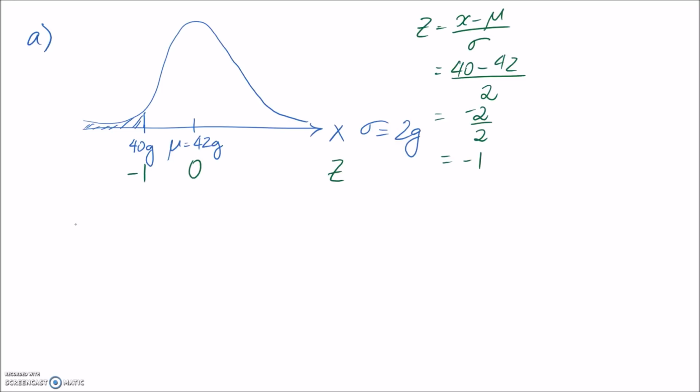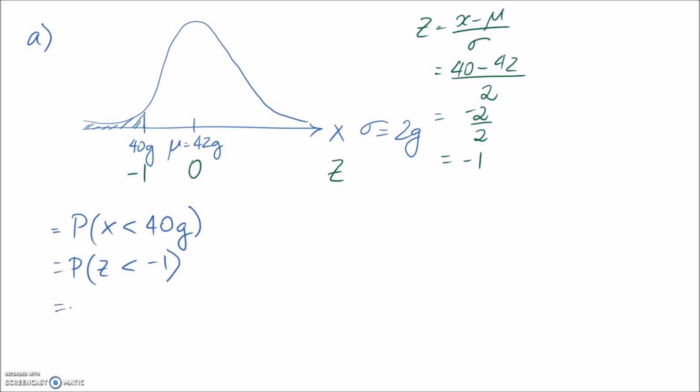So let's write out our probability statements. We've got the probability that X is less than 40 grams, so the weight of our packet is less than 40 grams, and we know that that's now equivalent to the probability that Z is less than negative 1. So to look this up in the table, remember our table looks at the probability from Z of 0, which is the middle here, up until some cutoff that we give it. So we need to do a little bit of manipulation to make this able to be looked up.